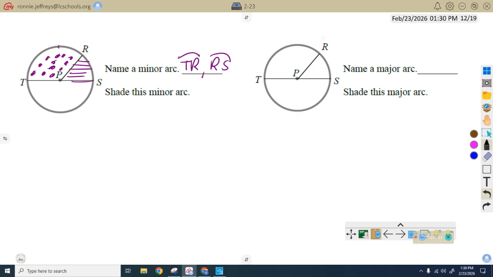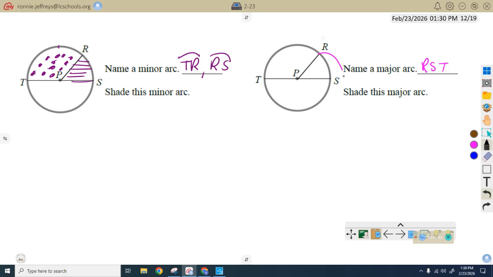All right. A major arc. Greater than 180. TS. Okay. TSR. Remember, it has to have more than 2 points in it. So, no, TRS ain't right. No, TRS is one. I had it wrong. RST.